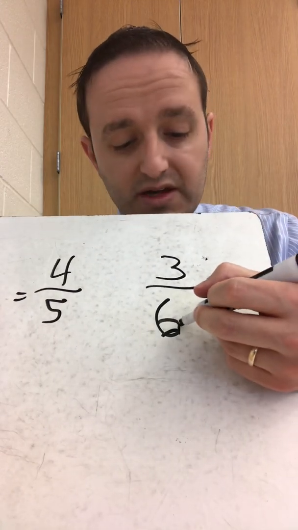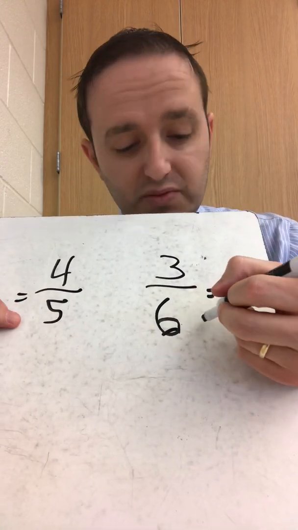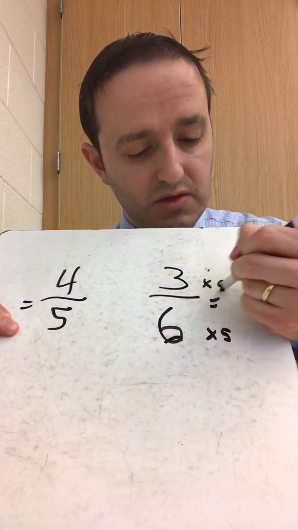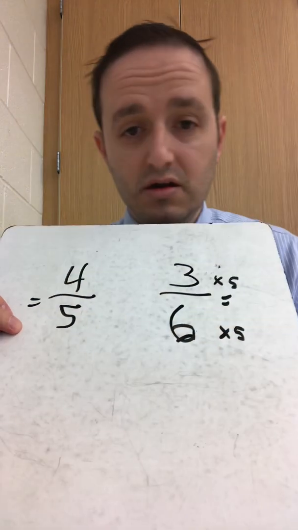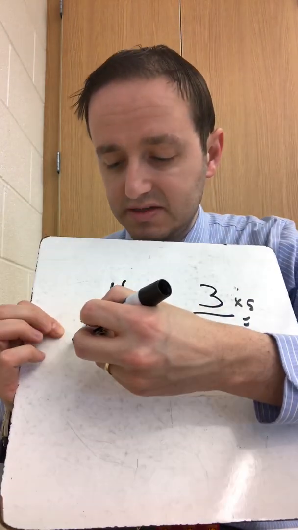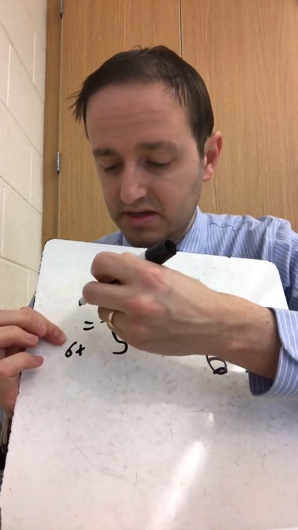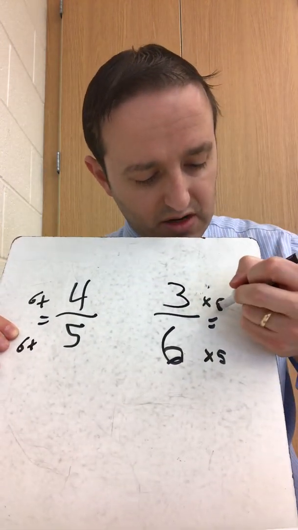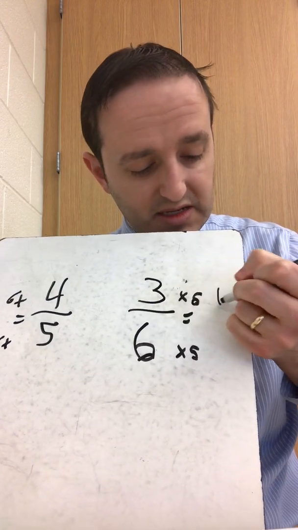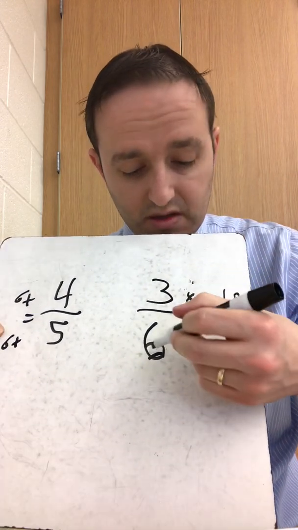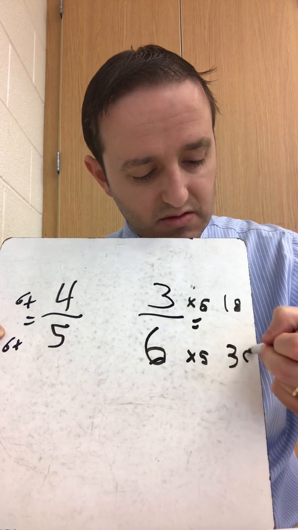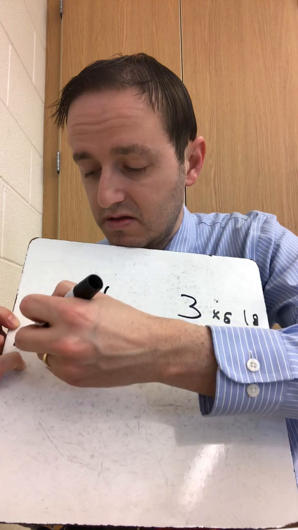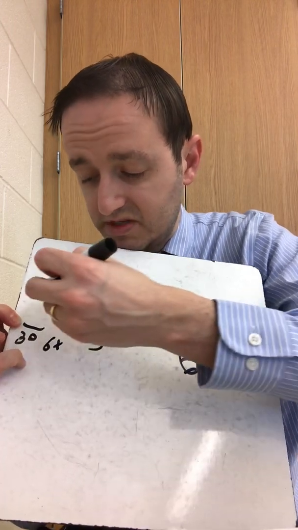If I start here, this is 6. I'm going to multiply it by 5 on the top and the bottom. And then over here, I'm going to take 5 and multiply it by 6, which is the denominator on the other side. Then we just multiply across. 3 times 6 is 18. 6 times 5 is 30. 4 times 6 is 24.